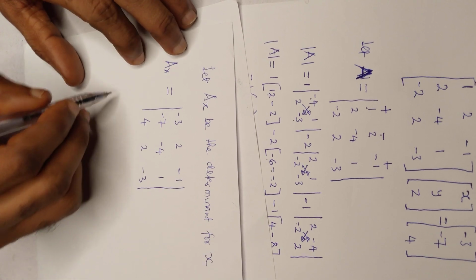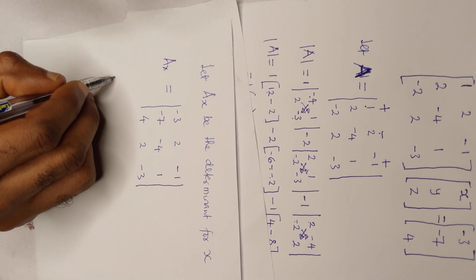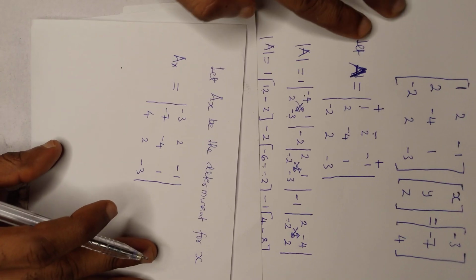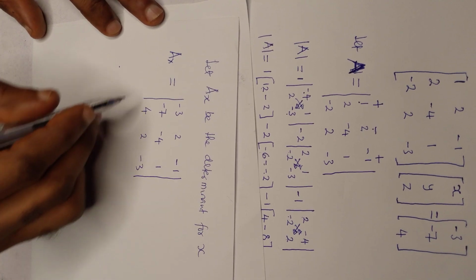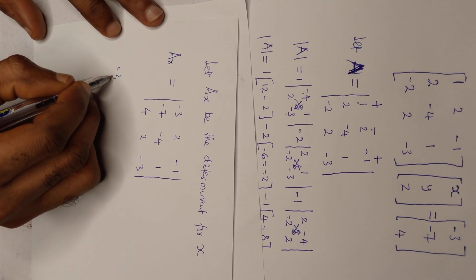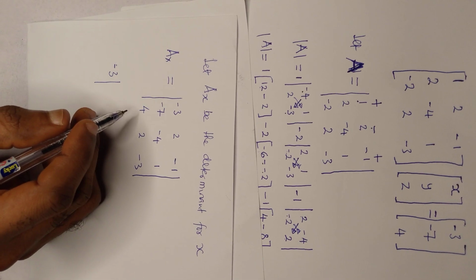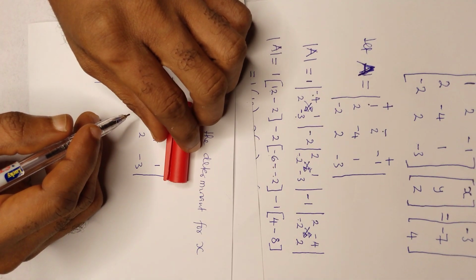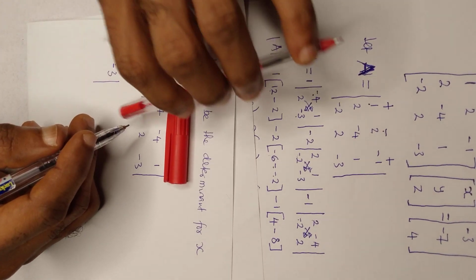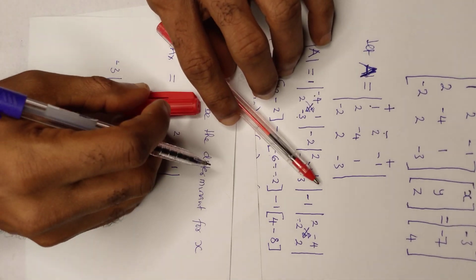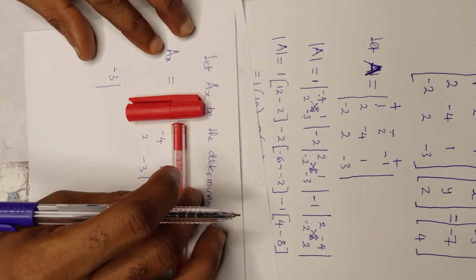So for -3, so we have -3. This is -3. We are going to do the same thing. We close here and close here. Okay, we close here and close here.